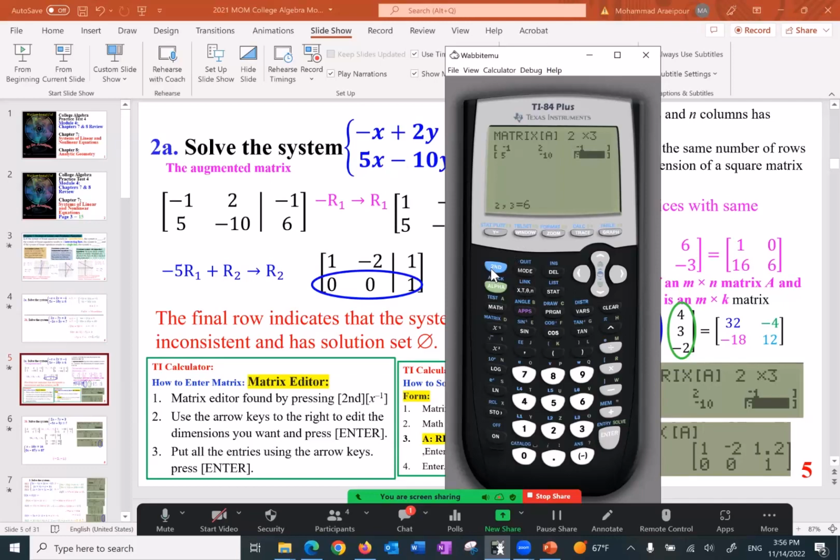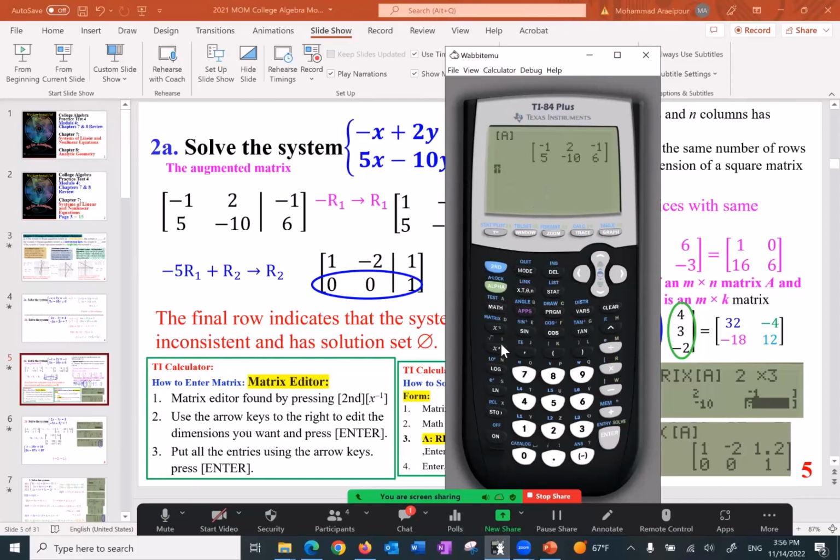Now, if you go second mode and then second x inverse again, you can, if you enter that, it brings you the matrix.